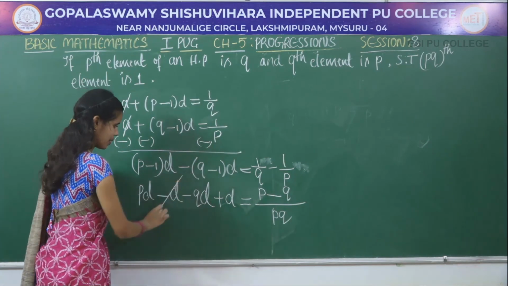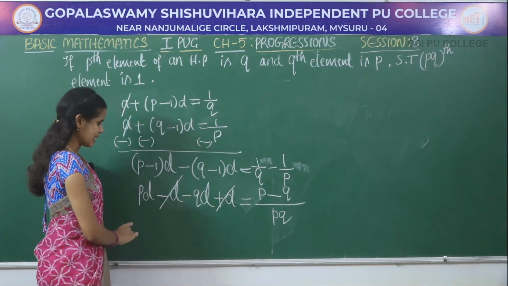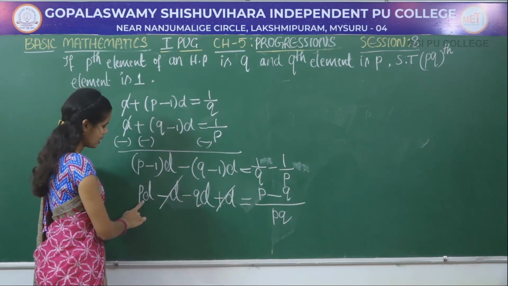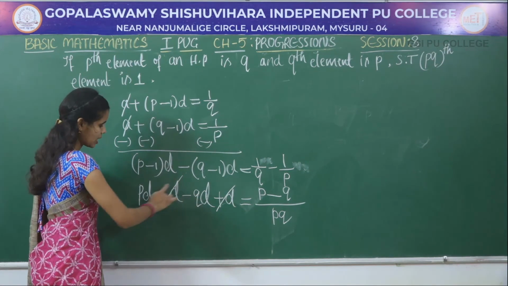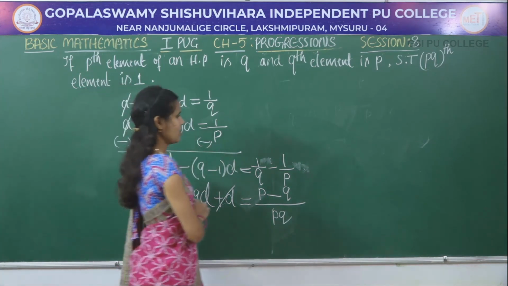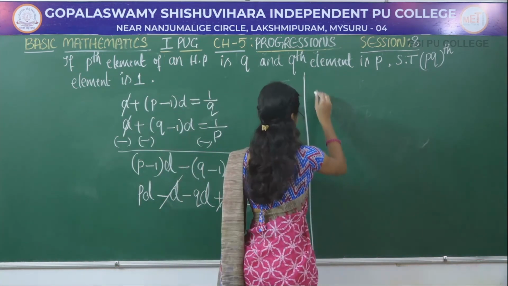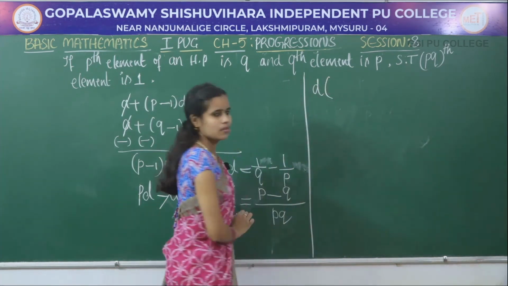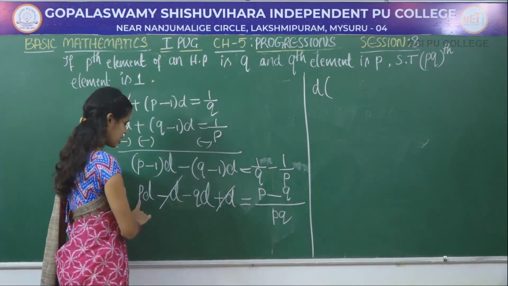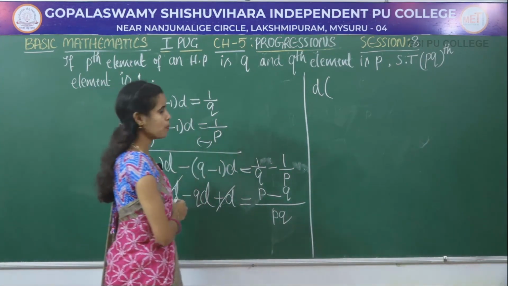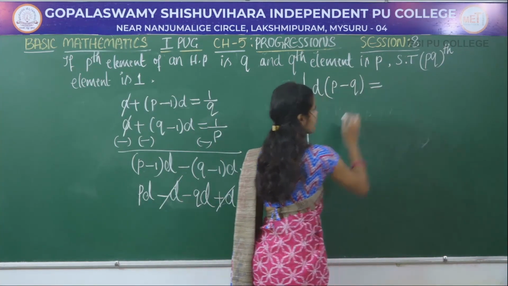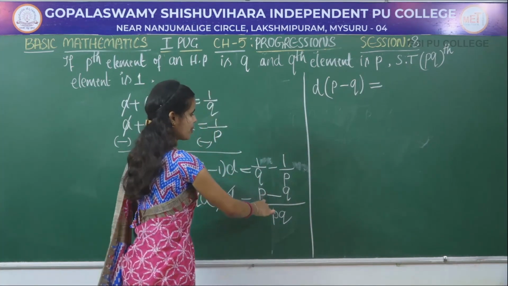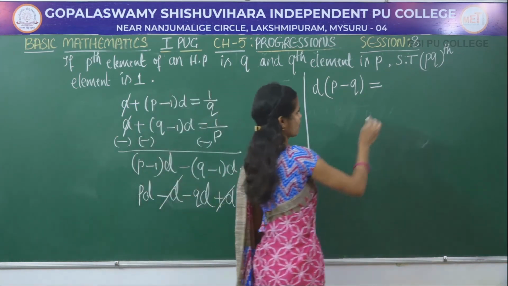Here observe, minus d plus d gets cancelled, so the remaining terms are pd minus qd. In these two terms take out d as the common term, remaining p minus q. So d into (p minus q) is equal to (p minus q) divided by pq.